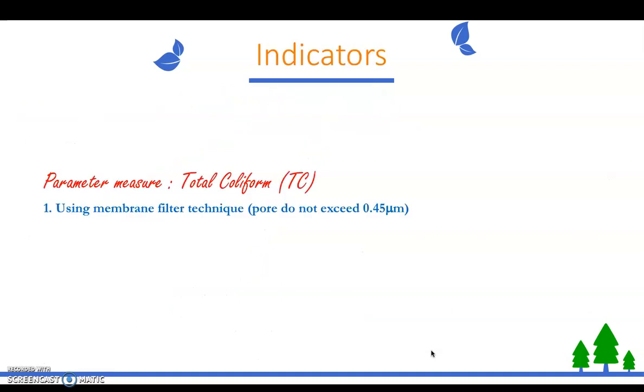How can we indicate the existence of these biological properties in the water? By measuring total coliform, TC, using membrane techniques.